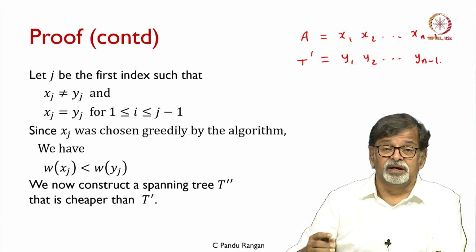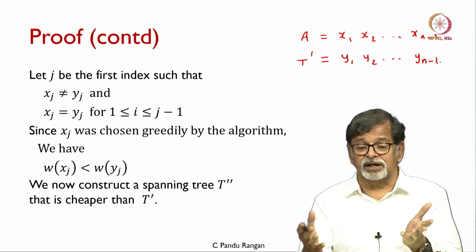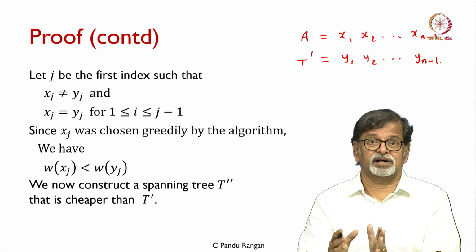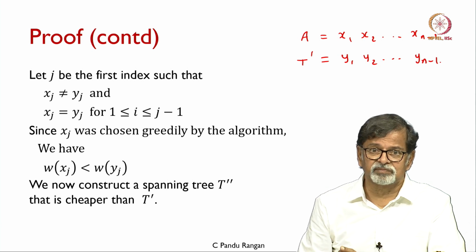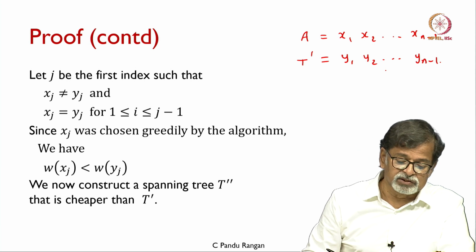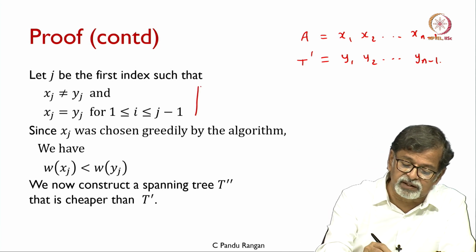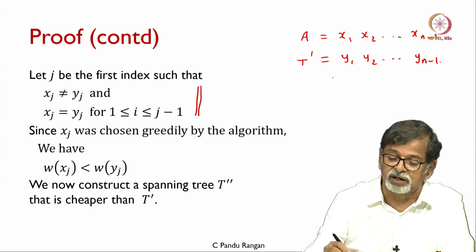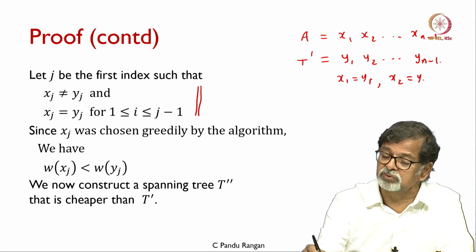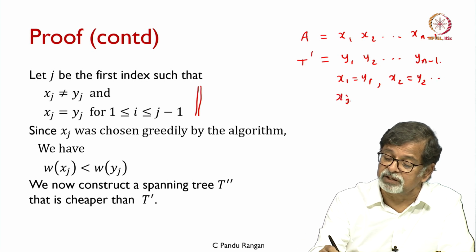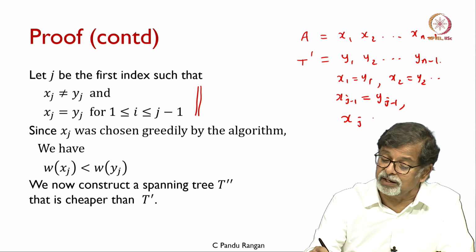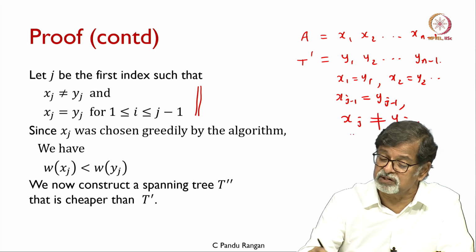These are not the same. If these two sequences are the same, then T dash equals T. We are assuming that they are not the same. T dash has a cheaper cost. That means this sequence will differ at some point. So, let j be the point at which they differ, that is x1 equals y1, x2 equals y2, up to xj minus 1 equals yj minus 1, but xj is not equal to yj.